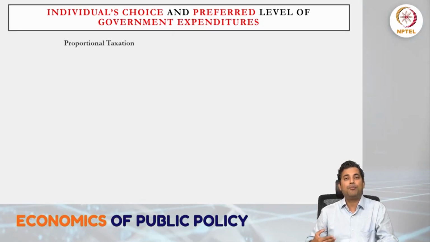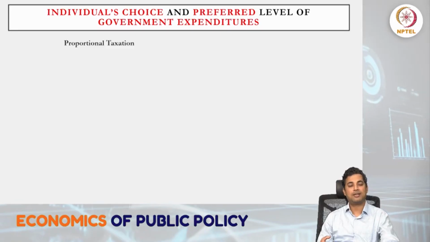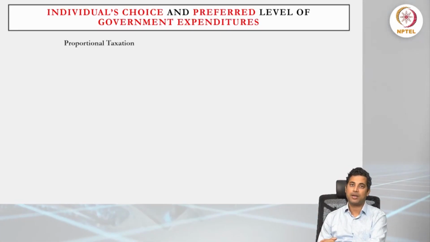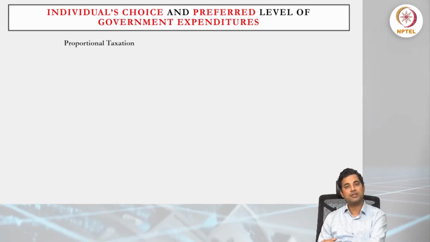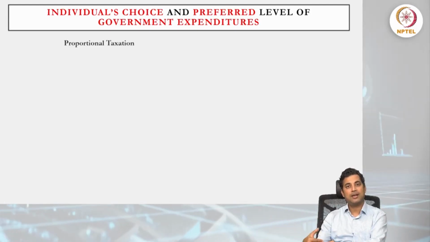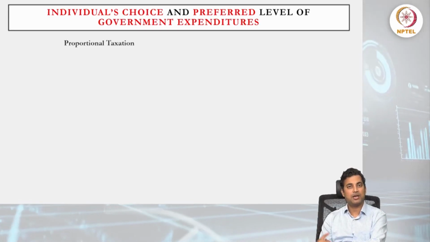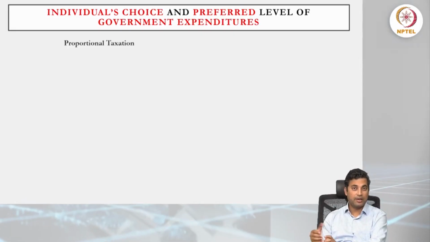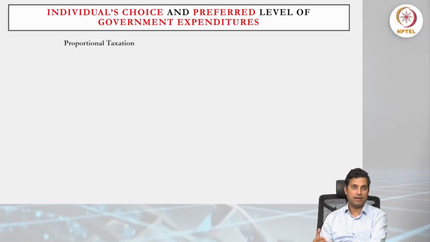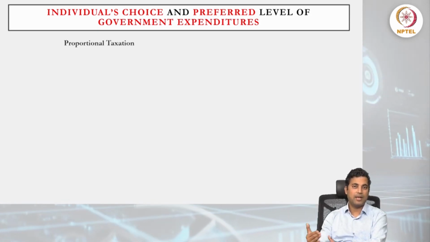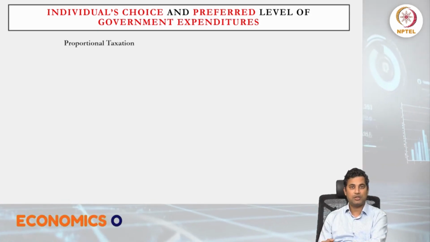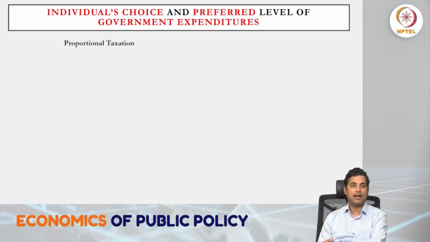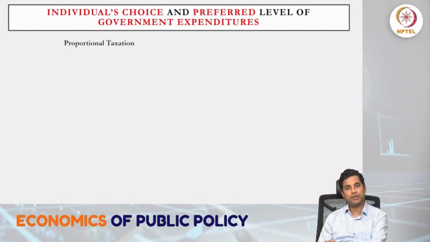Now there are 2 types of taxation that we discussed in our last class. One is proportional taxation, the other is uniform taxation. Proportional taxation is such that as income increases, tax is collected proportionately. If small t is the tax rate, it is collected based on yi, where i is the number of people or households, whatever we consider.